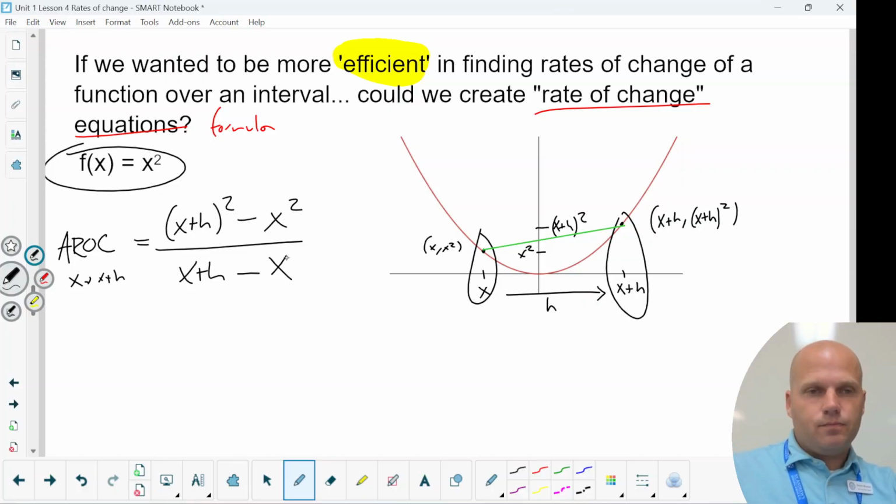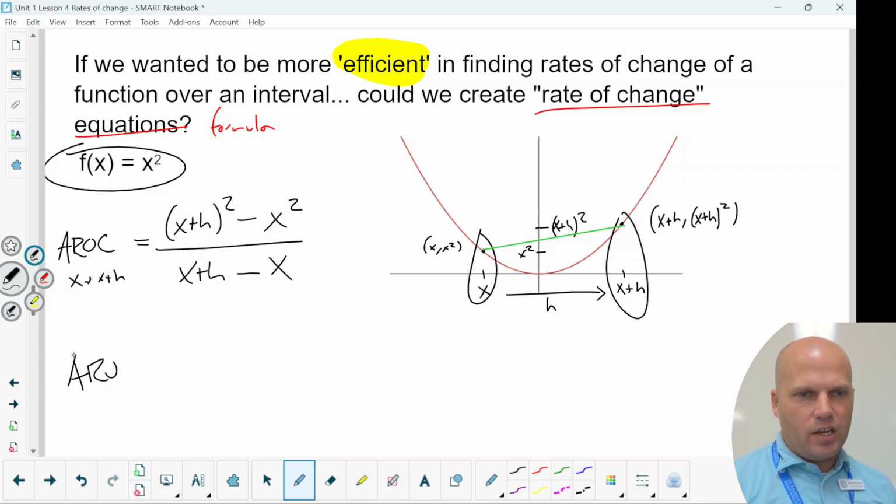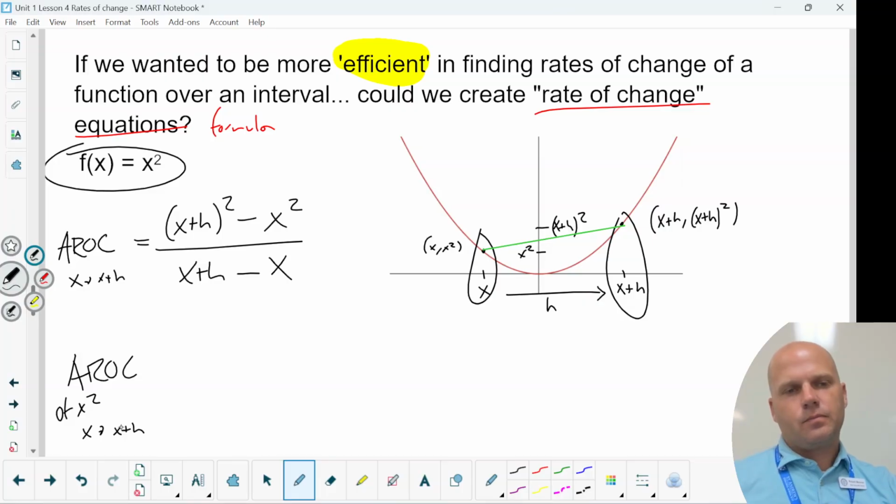Does that make sense? Cool. Well, we have something. We have this average rate of change of x squared from x to a point h distance away from x.